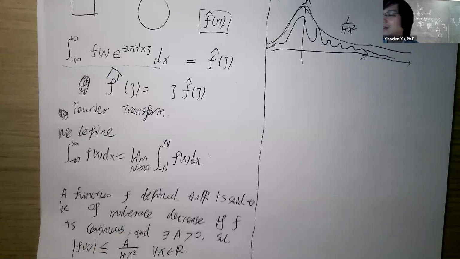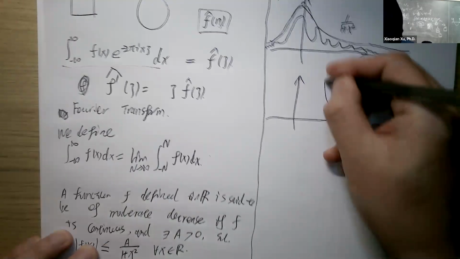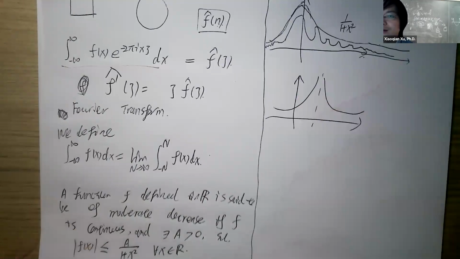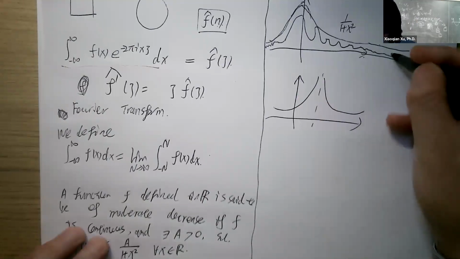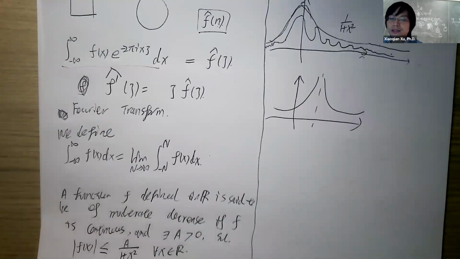So when we say f is continuous, and then we try to say some good property of this function, probably what we want to say is that you have some control about the decay of this function. In that case, you can see that it has no so-called singularity, which means your function will not blow up like 1 over x, because your function is continuous. And moreover, this function will decay at infinity.